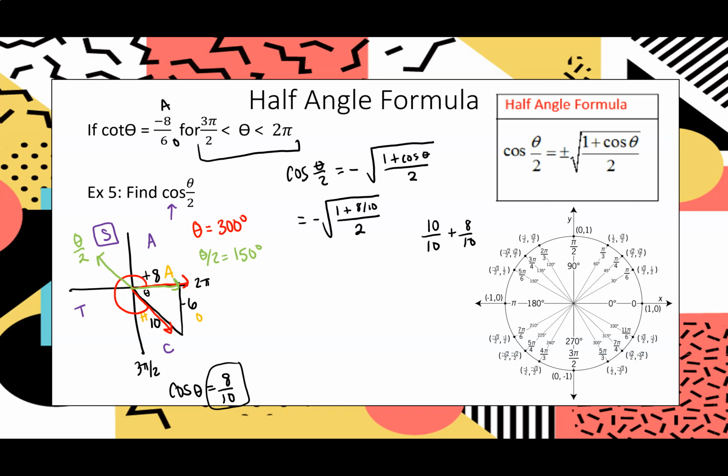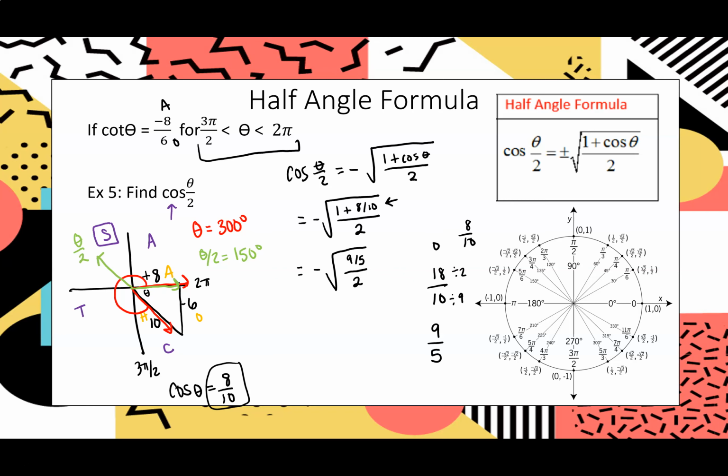Combining those fractions, we get 18 over 10 because we keep our denominator the same. And reducing that, we can divide both by 2, and we get 9 over 5. Okay, so all I've done right here is do the numerator. So this is going to be equal to negative square root of 9 over 5 divided by 2.